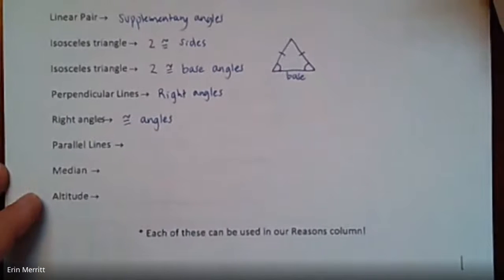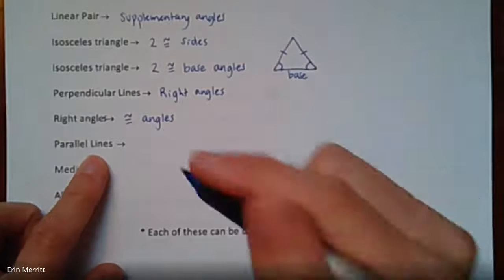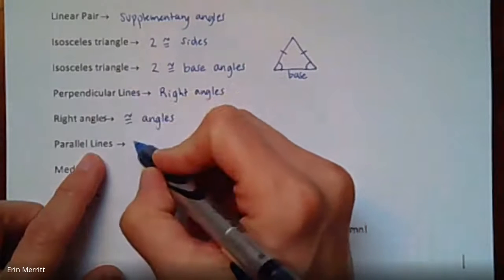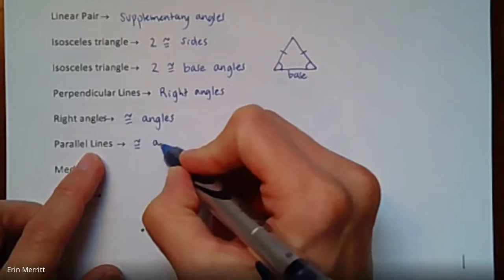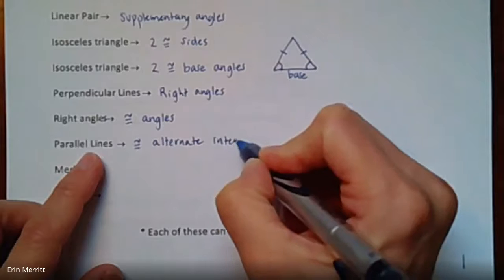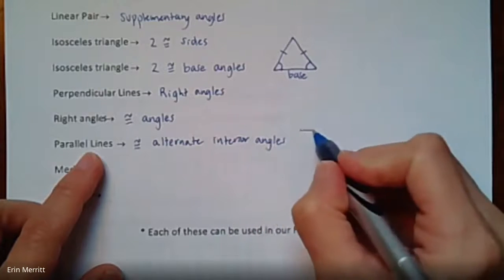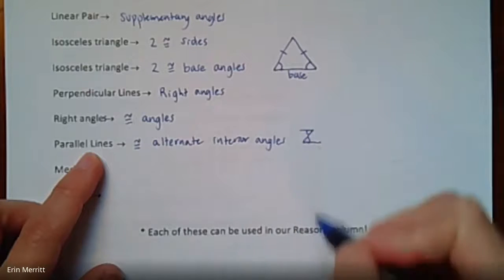All right, you got a couple more vocab terms. Parallel lines. This can mean one of many things. Often, parallel lines is going to mean that we have congruent alternate interior angles. And if you can think, that's when you get that Z-shaped form, when it looks like this.